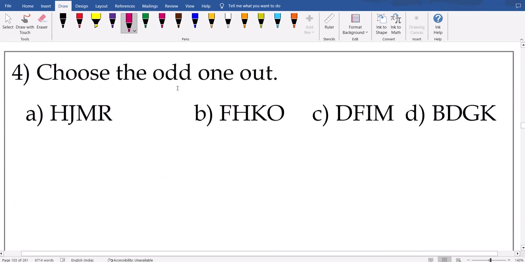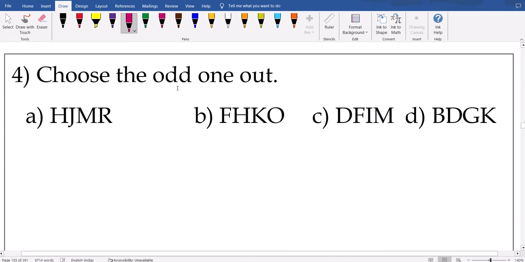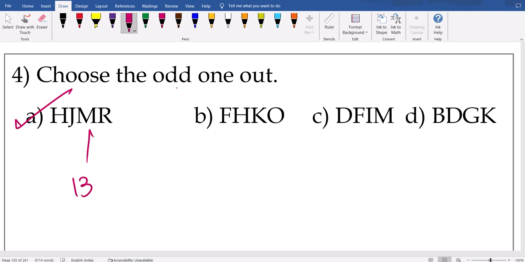So similarly here, your first two letters are increasing: plus 2, plus 2, plus 3, plus 3, plus 3, plus 3. Okay. Then plus 5, 13, 18, plus 5. This is plus 4, plus 4, plus 4. I think option A, last two letters issue, 5 gap.